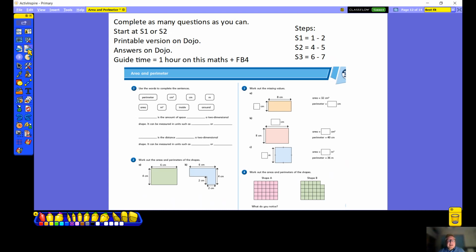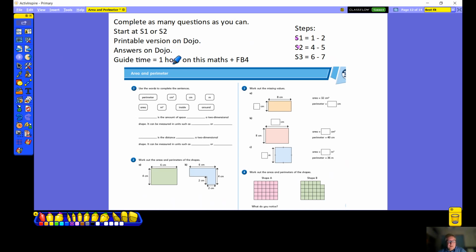Complete as many questions as you can. Start at either step 1 or step 2. The printable or easier to read versions that you can have on your screen will be on Dojo, answers for self-reviewing and marking on Dojo. And the guide time for a maths lesson is approximately an hour.